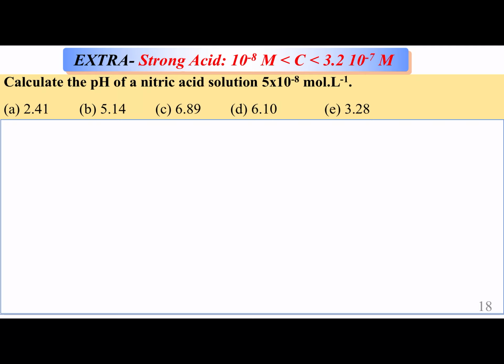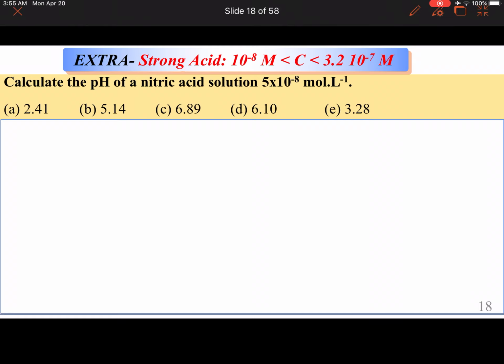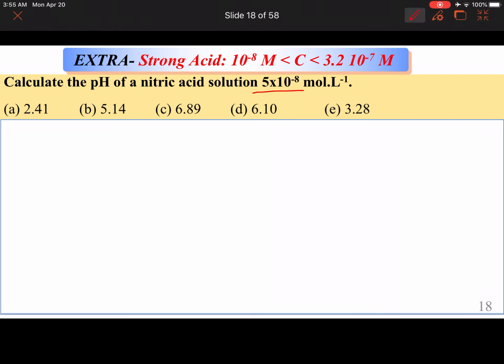Calculate the pH of a nitric acid solution that has a concentration of 5 times 10 to the minus 8. So if we look at this concentration, we can clearly say that this concentration is greater than 10 to the minus 8, but this concentration is less than 3.2 times 10 to the minus 7.